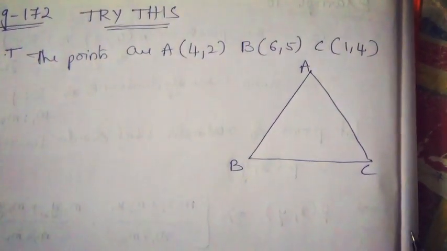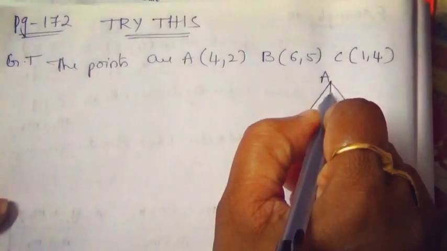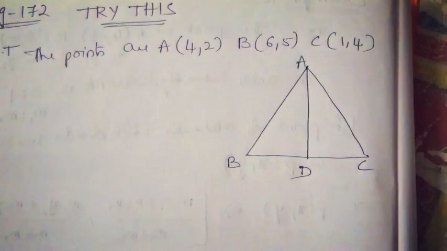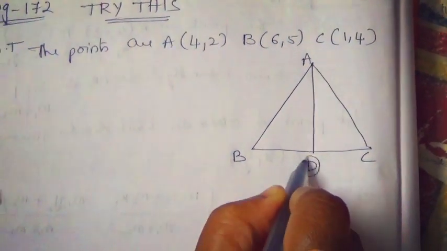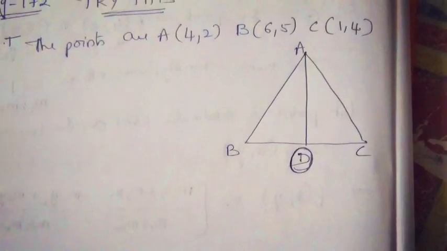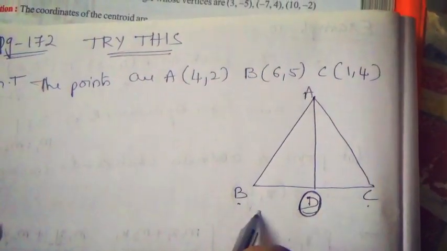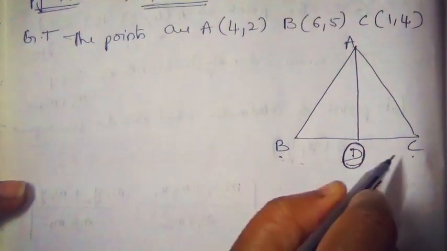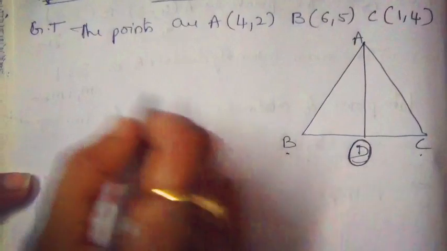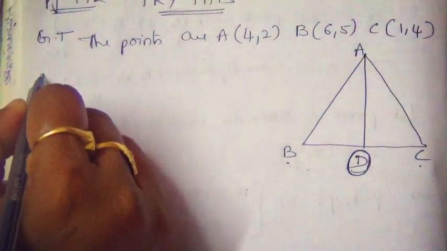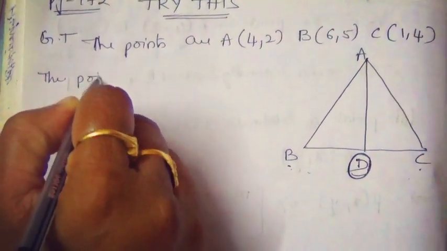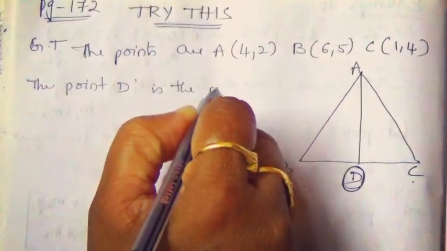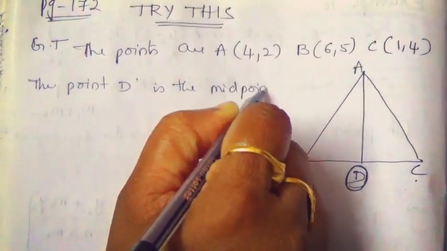If A gives the median of BC, that is D, then to find this point we will take the midpoint of BC. Okay, to get the point D, we are taking the midpoint of BC. So the point D is the midpoint of BC.